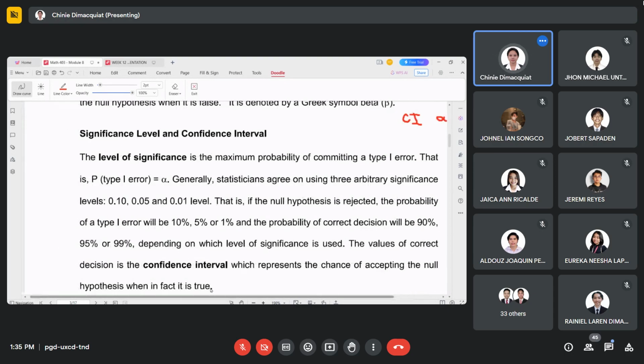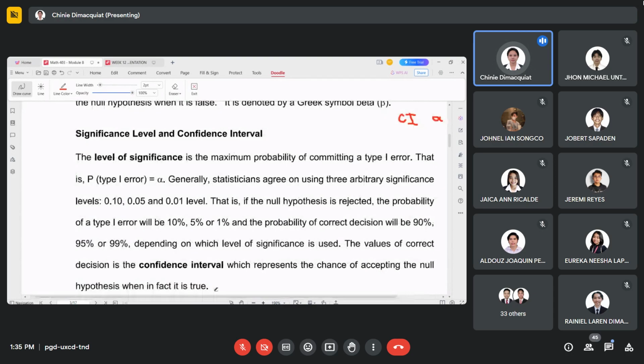Ayan. Di ba, last time, given yung ating confidence interval na 90, 95, 99, 98. Kinuha natin yung alpha. Paano natin kinuha yung alpha? By subtracting the given CI kay 100. 100% minus 90 is equal to 10. So, kung ang ating CI ay 90%, therefore yung ating alpha ay 10%.